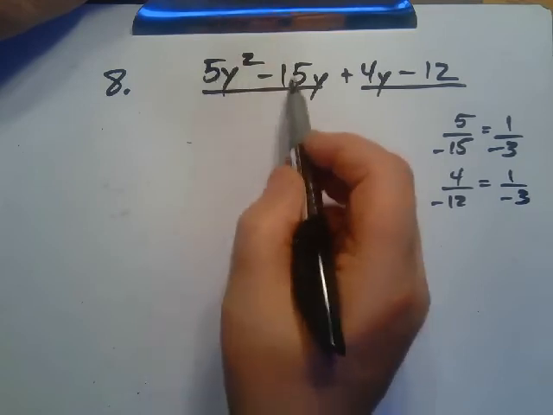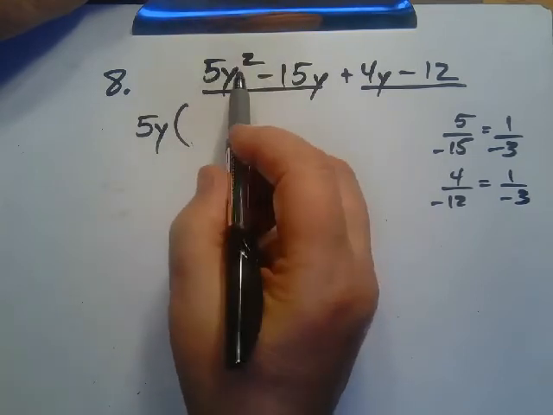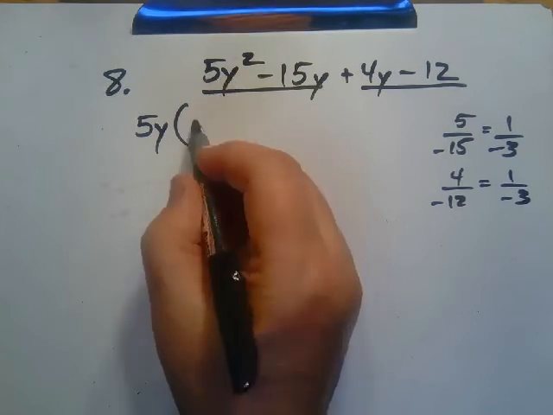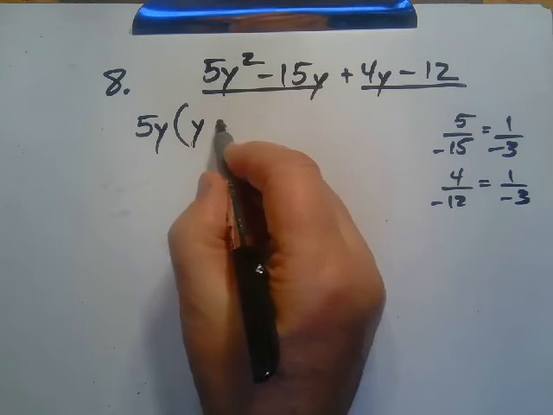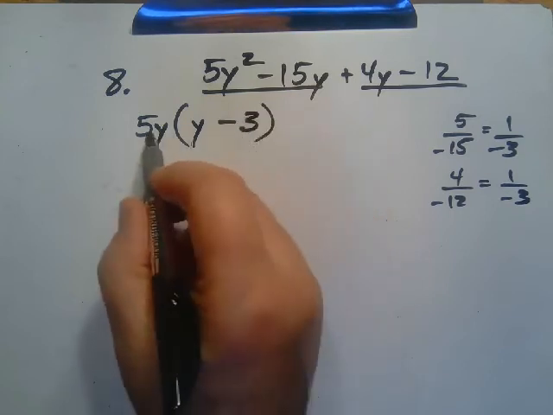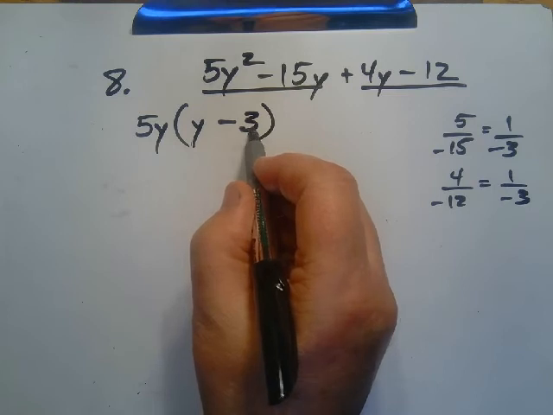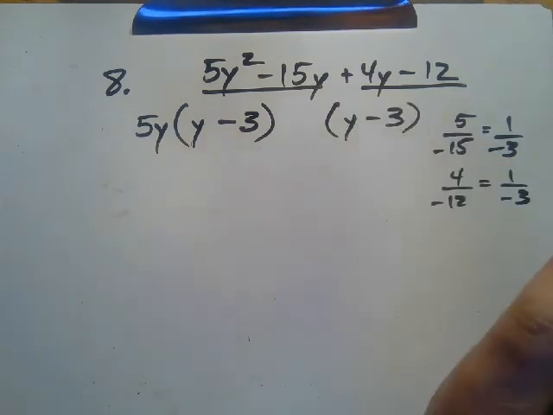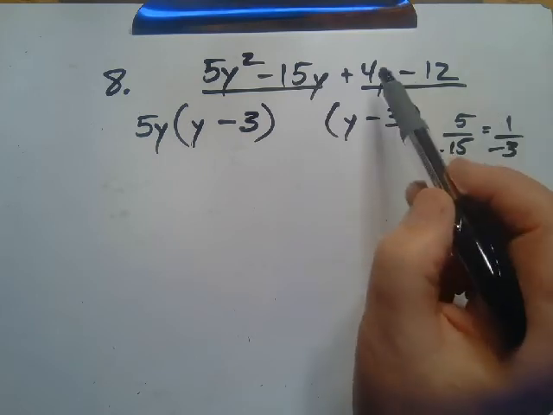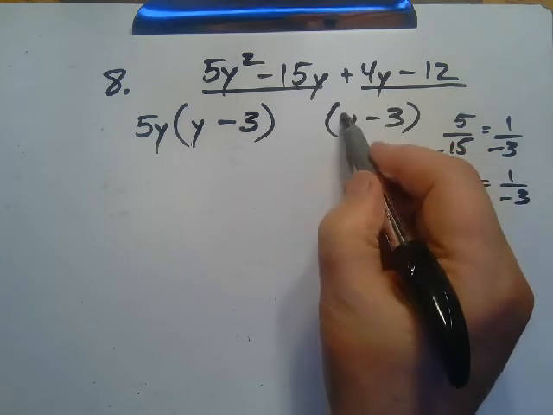What comes out of this first group? Well, let's take out 5y. And what we leave behind here is a y. And if I take 5y out of this, I get a negative 3. Negative 15y. Okay? Now, copy the leftovers. Don't think about it. Just copy them over here. And then say, what had to come out of this group to leave me with these leftovers?